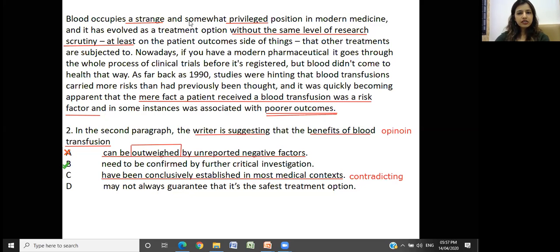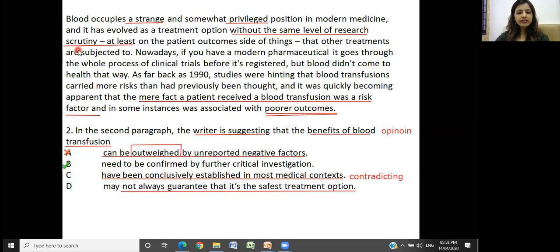Not D, because D goes in extreme negative, not always guarantee that it is the safest treatment option. Writer isn't saying so. He is not completely against it. Okay, not completely against it, because whatever against word he has used, he's trying to say that there hasn't been enough research on it.